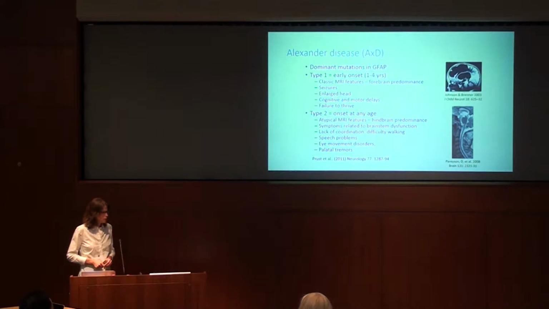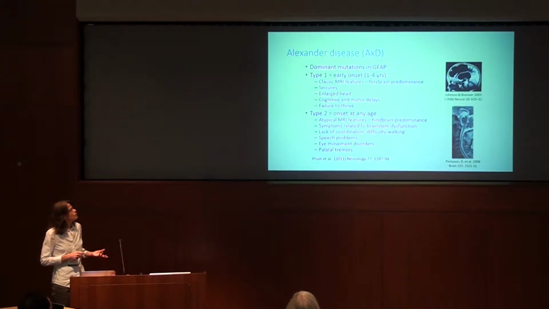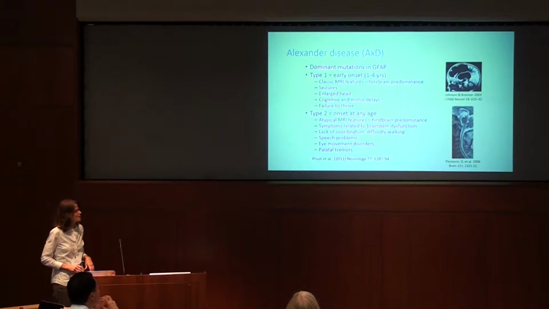again, I'm sure many of you are all too familiar with the symptoms, but Alexander disease can be divided into two classifications based on the location of the lesions in the central nervous system. And I think it's important to go over some of the symptoms because when you're making a model, you want to know what you're looking for in terms of features in the animal.